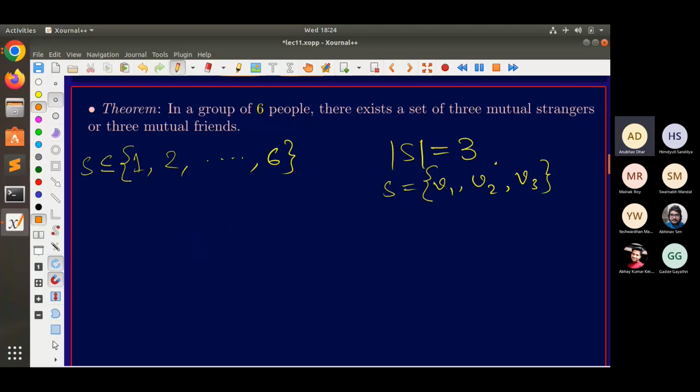Any idea how to model this as a graph theory problem? What you can do is consider these six people as six separate nodes. Do we use a directed graph here?